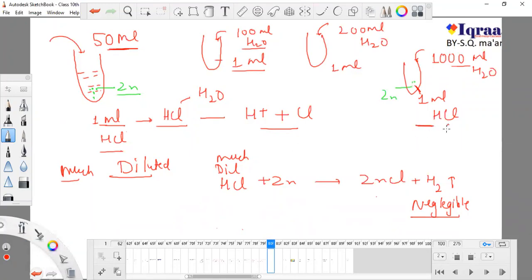Finally there will be no H2 gas production, no reaction.